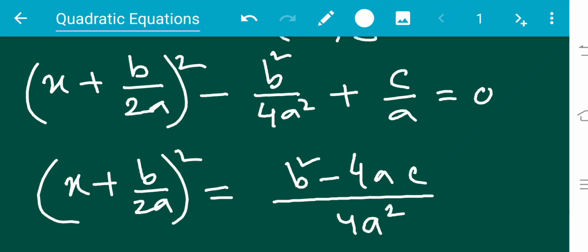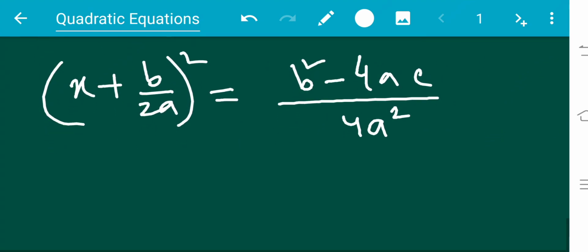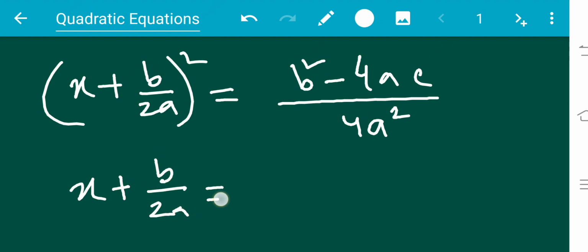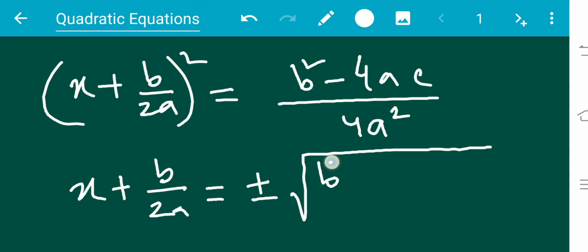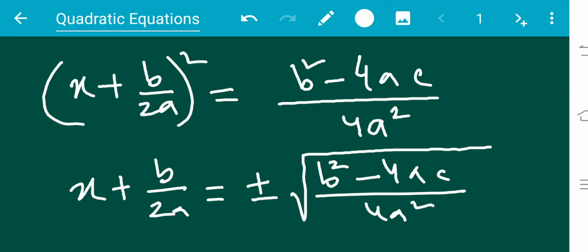Taking the square root, we have two values, plus or minus square root of b square minus 4ac divided by 4a square.